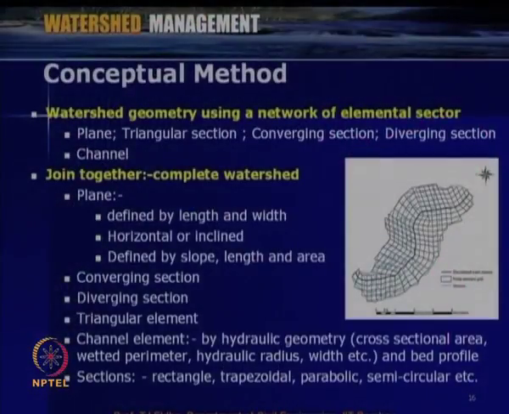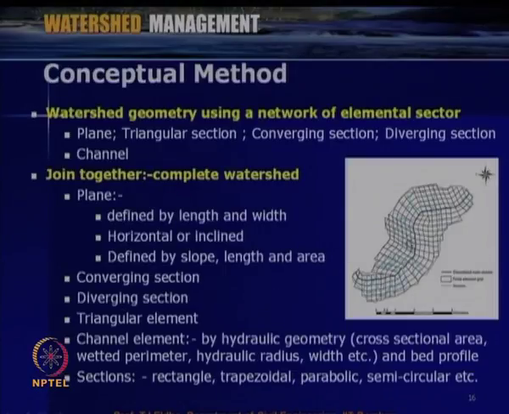The plane is defined by the length and width, and it can be either horizontal or inclined, and it is defined by the slope, length and area. As far as the converging section is concerned, depending upon the variation of the shape of the watershed and the slope, we may use a converging section or a diverging section.